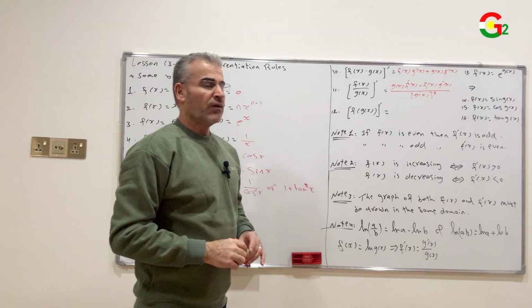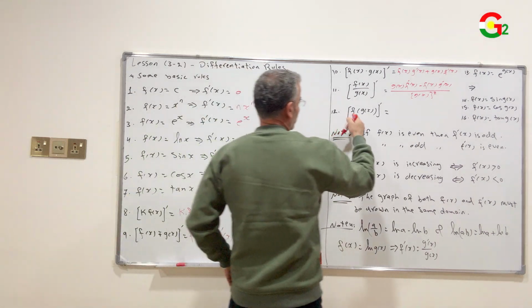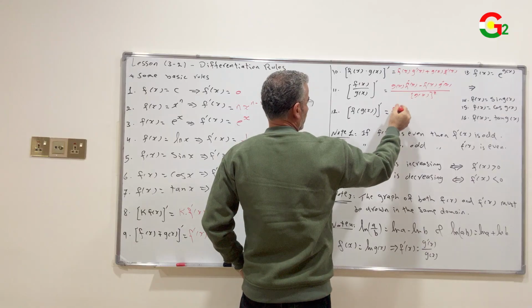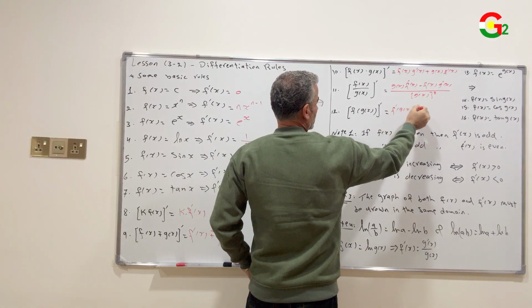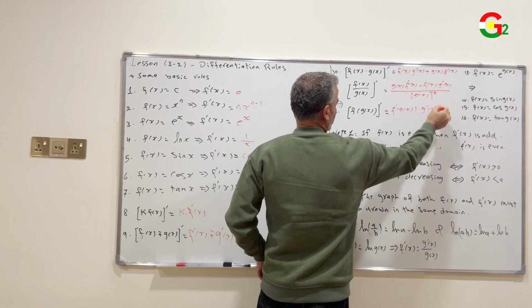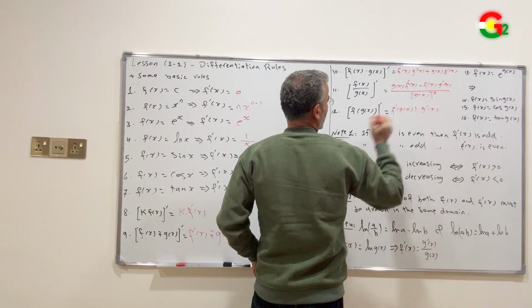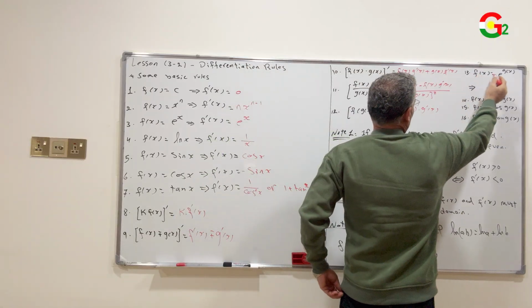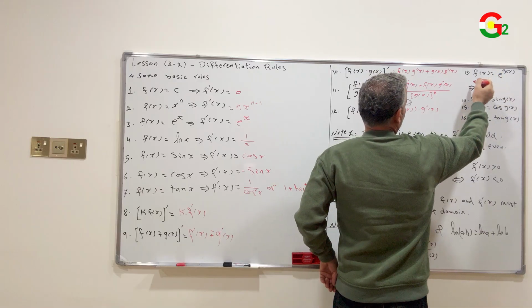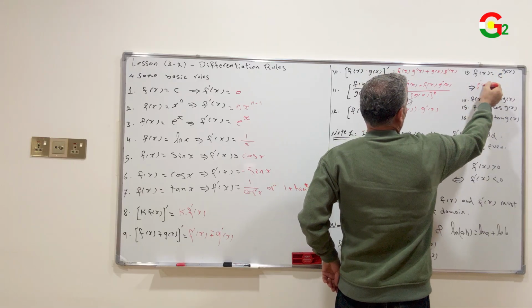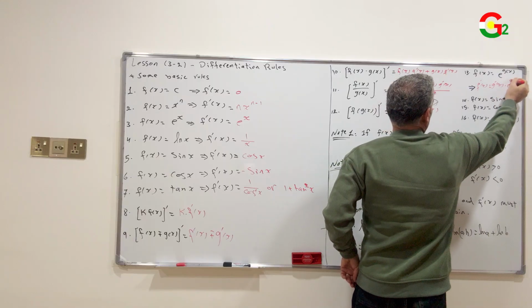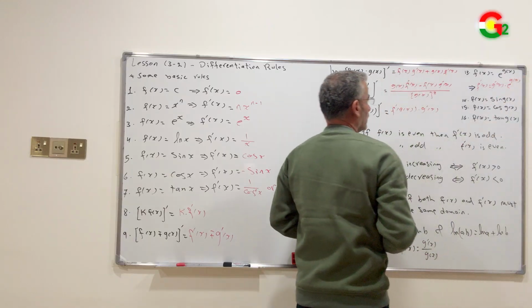The derivative of the composition function of f and g equals f prime of g of x times g prime of x. Number 13. If f of x equals e to the g of x, then f prime of x equals g prime of x times e to the g of x.